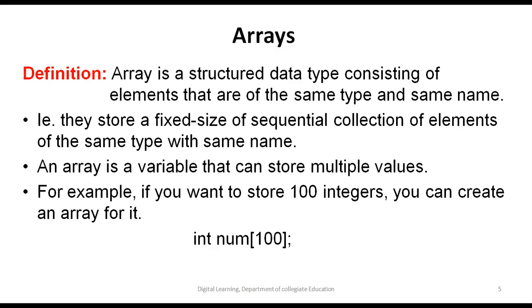So an array is a variable that can store multiple values. For example, if you want to store 100 integers, you can create an array as int num[100]. Here, num is an array which can store 100 numbers of the type integer.